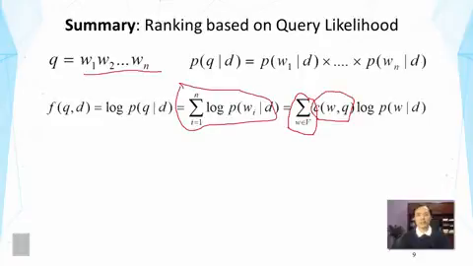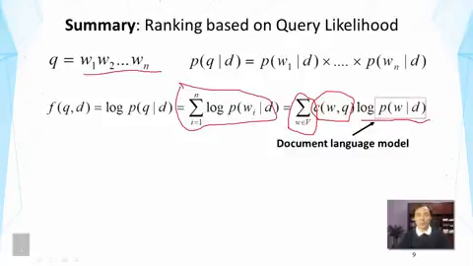Essentially, we are only considering the words in the query, because if a word is not in the query, the count would be 0. So we're still considering only these n words, but we're using a different form as if we were going to take a sum over all the words in the vocabulary. And of course, a word might occur multiple times in the query. That's why we have a count here.